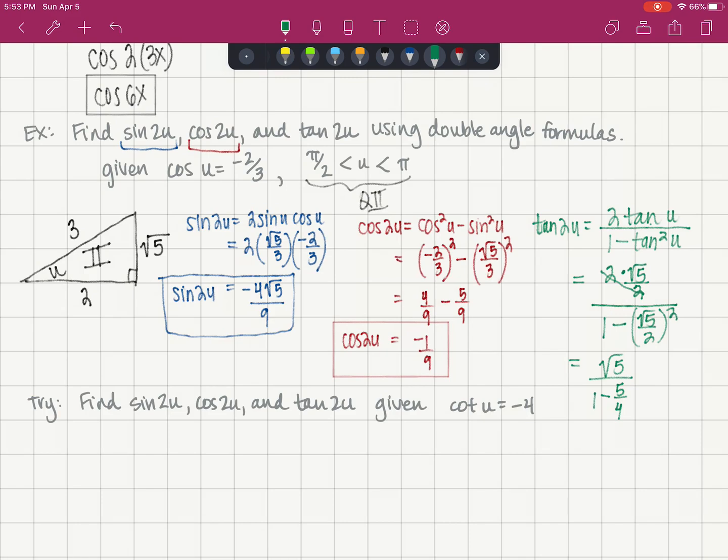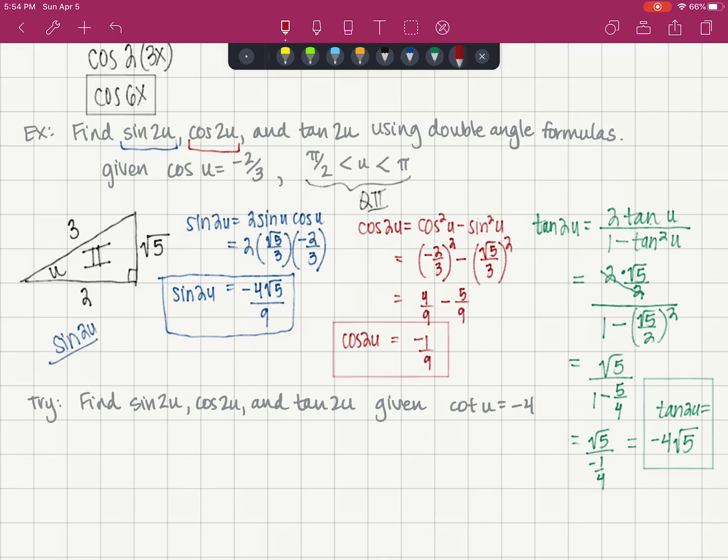And in the denominator, I have 1 minus 5/4, which is negative 1/4. So I've got the square root of 5 divided by negative 1/4. Dividing by negative 1/4 is the same thing as multiplying by negative 4. So negative 4 times the square root of 5. That is what the tangent of 2u is equal to.